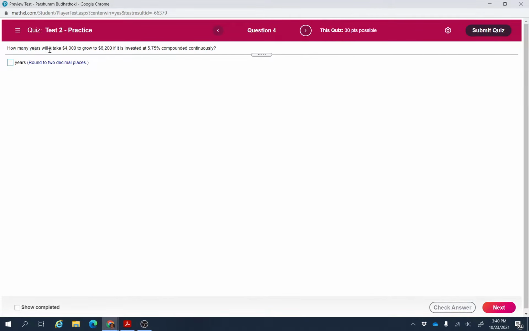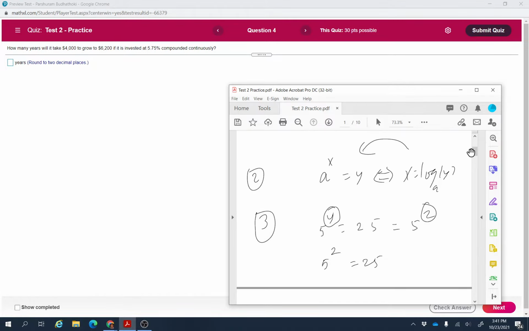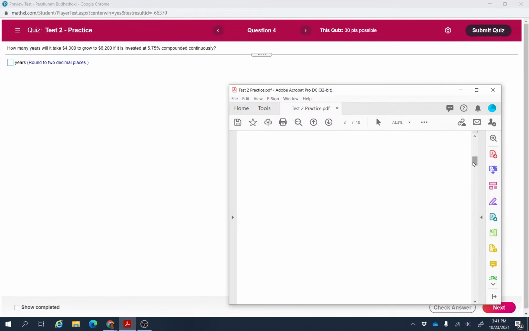How many years will it take 4,000 to grow to 6,200? These are college algebra problems actually. You have to use this formula A equal P times e to the power r times t. This is the continuous compounding formula.